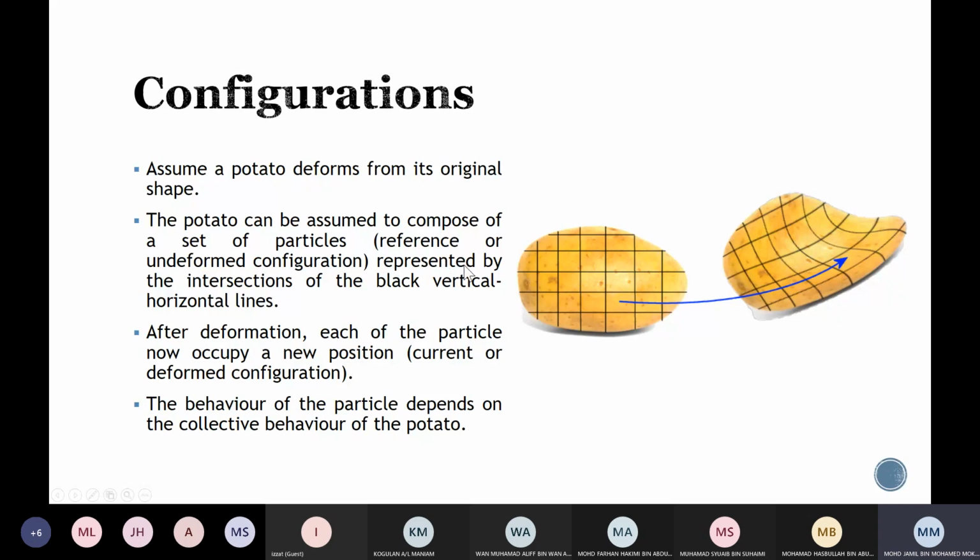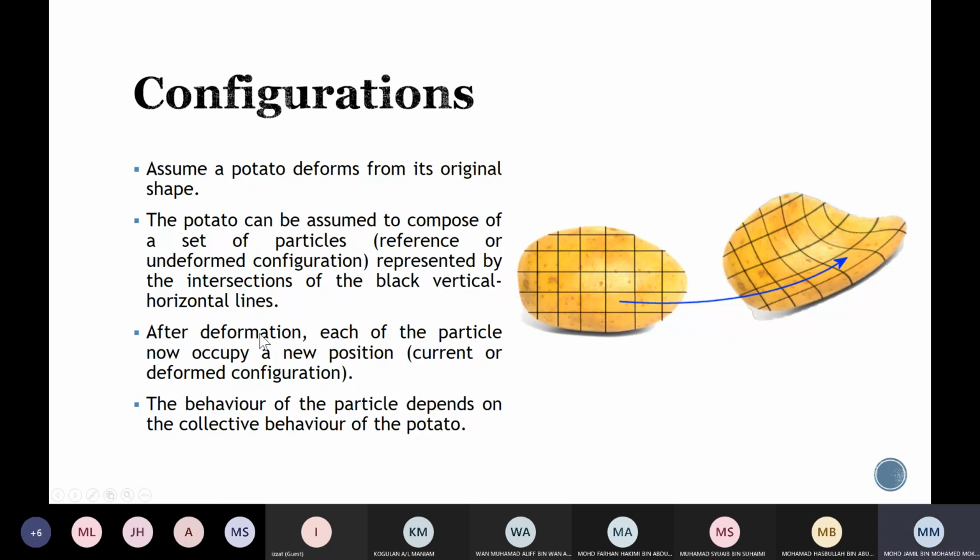The particles can be represented by the intersections between the horizontal and vertical lines, like a mesh. If you learn the finite element method, you can assume that each node in the mesh represents a particle.